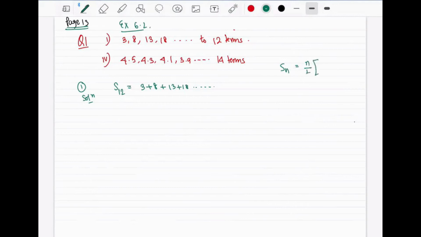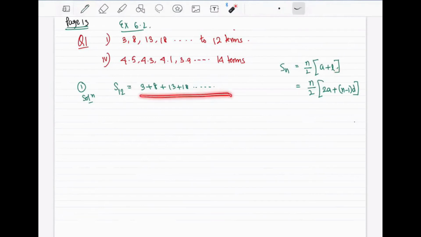There are two of them: either Sn is n by 2 into a plus l, if the last term is known, or you can use n by 2 into twice a plus n minus 1 into d. Here the last term is not given, right? In this arithmetic progression, the last term is not given. We will take up another question later when the last term is given.